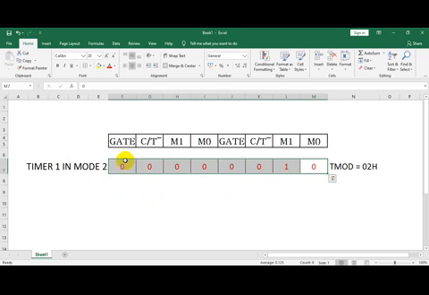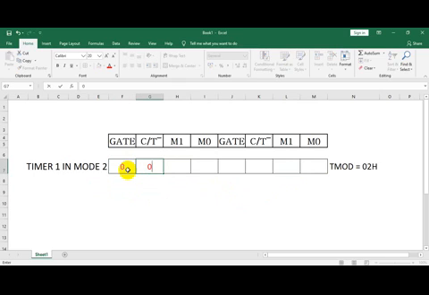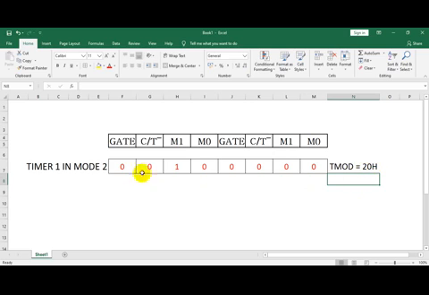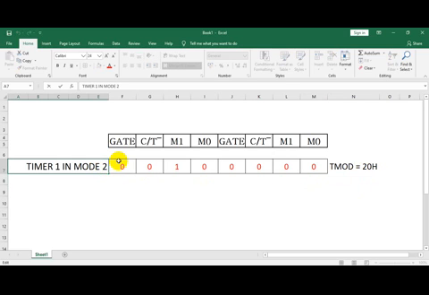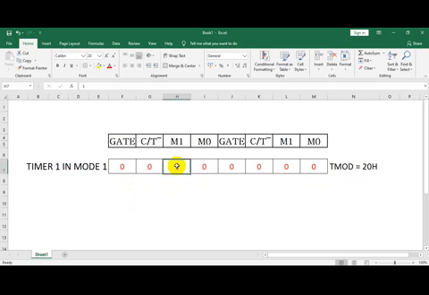You have to configure these bits. Gate will anyway be 0, you are using it as a timer. Mode 2 means 1, 0. These other bits you need not worry about. So the value will be 20H. Suppose you want to configure timer 1 in mode 1, the 16-bit mode. In that case, this will be 0 and 1. The value will be 10H.